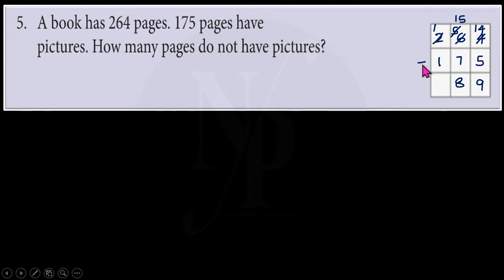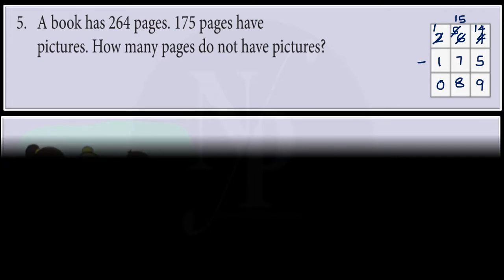Here in hundreds column we have 100 to be subtracted from 100. On doing so we get 0 as a difference. Therefore on 89 pages we do not find pictures in that book, or we may say 89 pages do not have pictures.